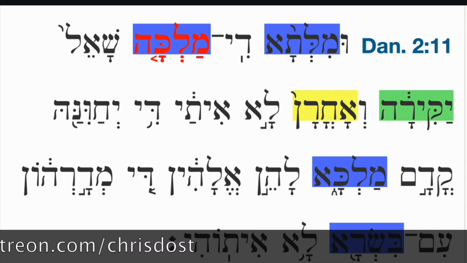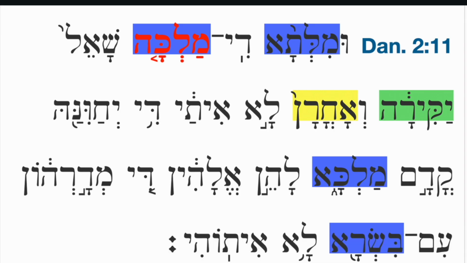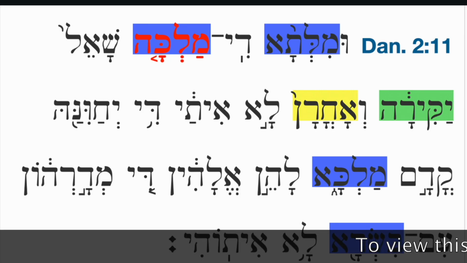And that means exactly the same thing as malkah with the aleph suffix, which you see below in the 3rd line here of Daniel 2:11. So the clause that begins this verse, umilta di malkah shael yakira, means the matter that the king asks is difficult.